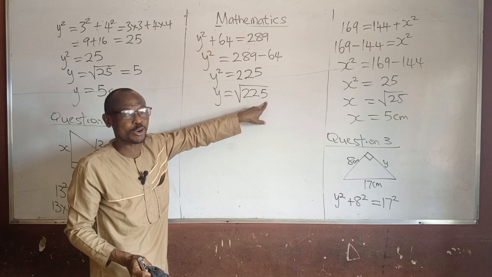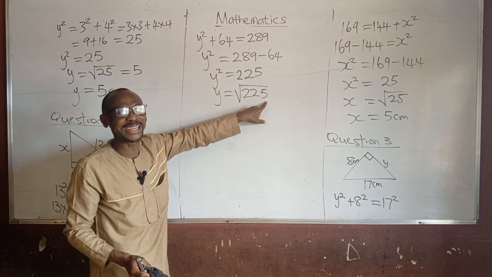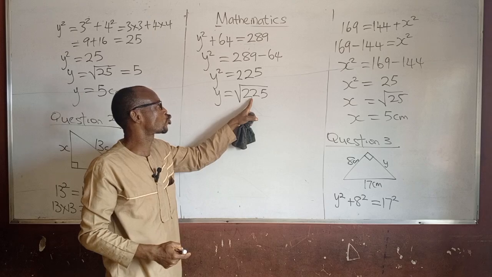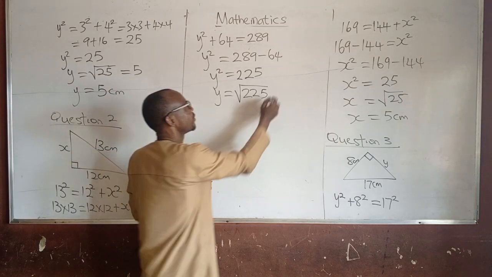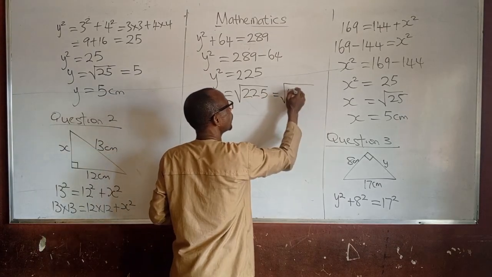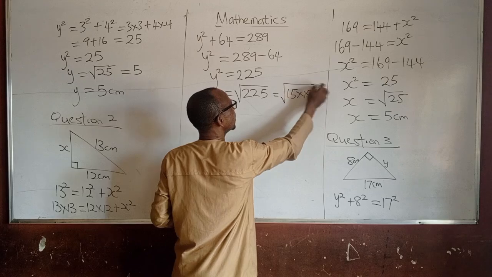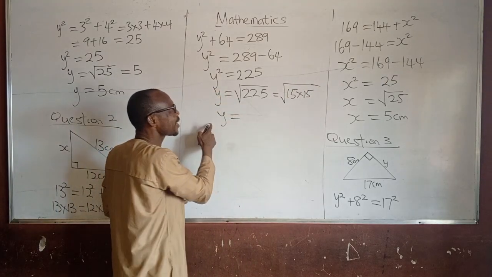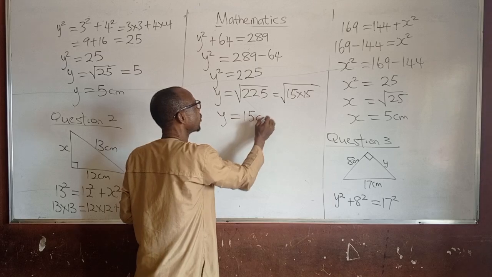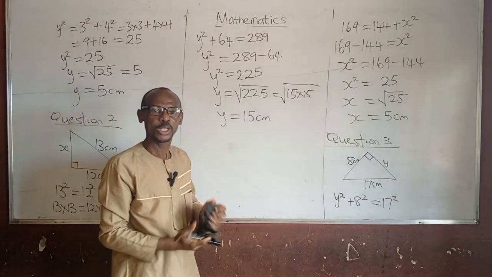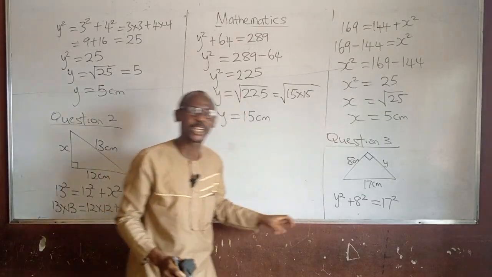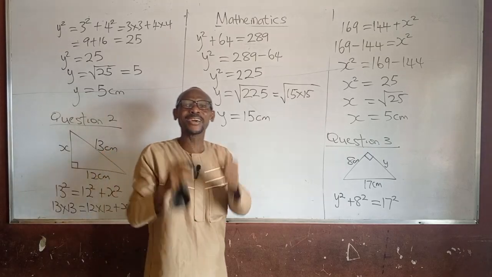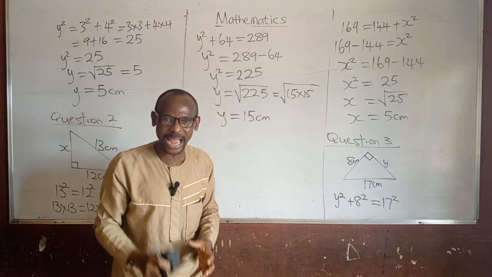You fit find that from your calculator. When you find that value, 15 times 15 will give us 225. So it means our y is equal to what? 15 cm. So we dey use Pythagoras to find the length of what? A right angle triangle.